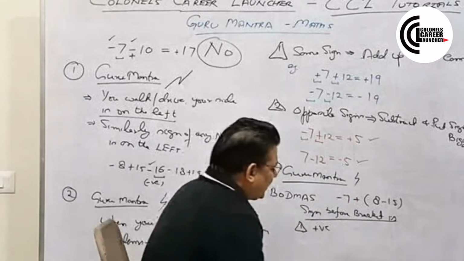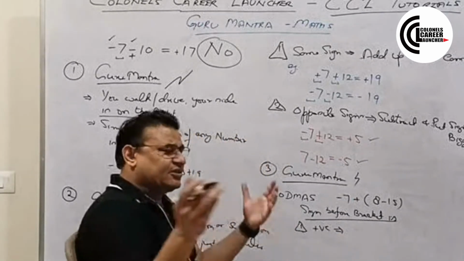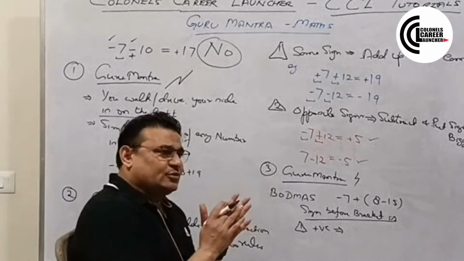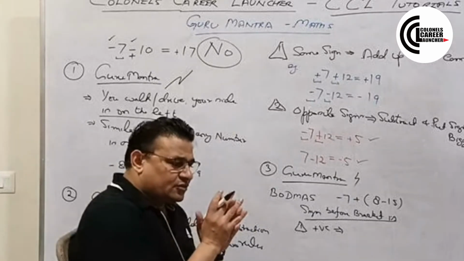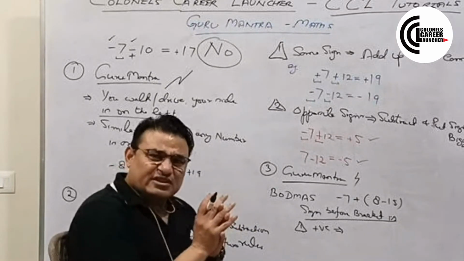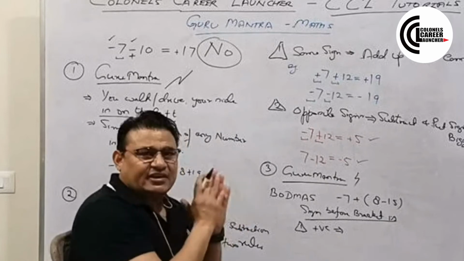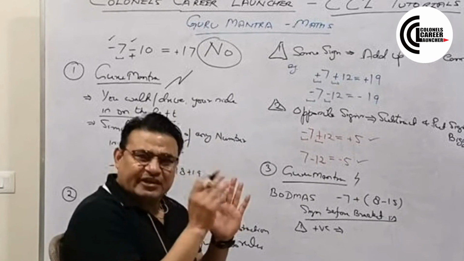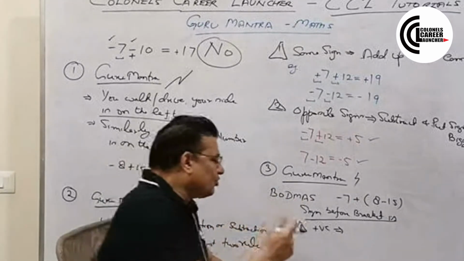Now in such a case, just like I always give an example, in the class there are two types of students: good students and naughty students. When the teacher gets angry with the good student and says, "Get out of my class," he quietly picks up his bag and leaves the class without disturbing anybody. So this is what happens in the case of a positive sign. He is a good boy.